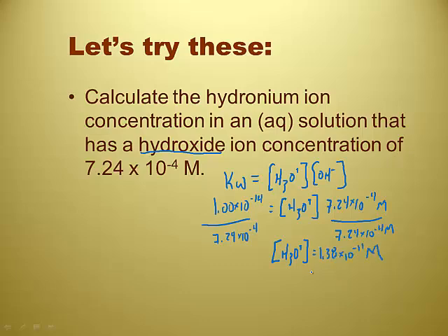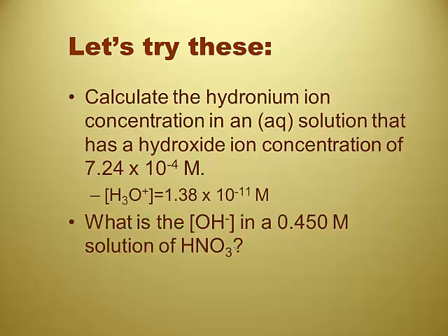That's a molarity because it's a hydronium ion concentration. I noticed that the hydroxide ion concentration is way bigger. The hydronium ion is 10 to the negative 11th, this is negative fourth. Hydroxide's much bigger.